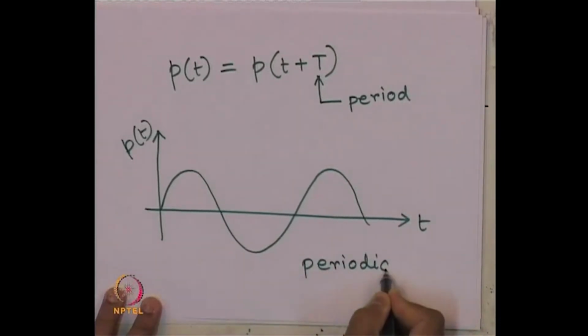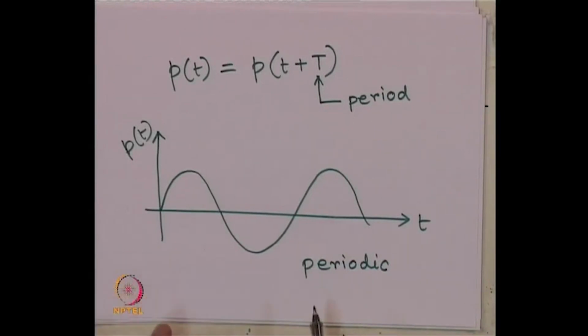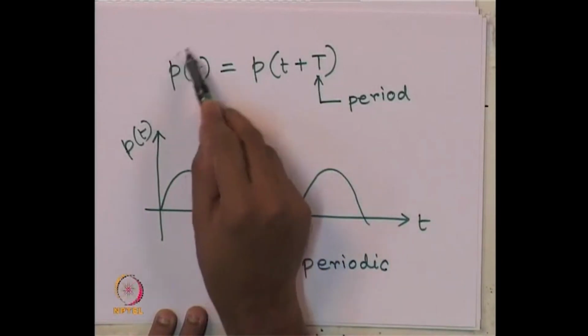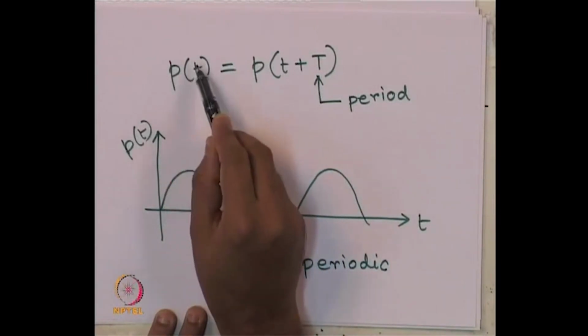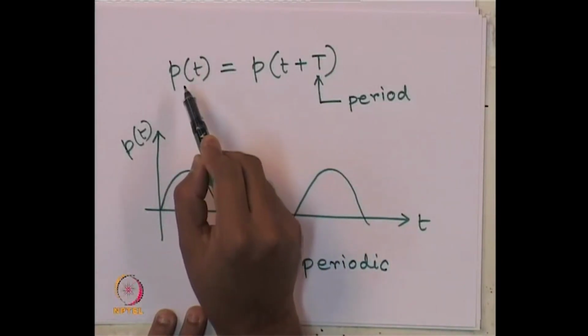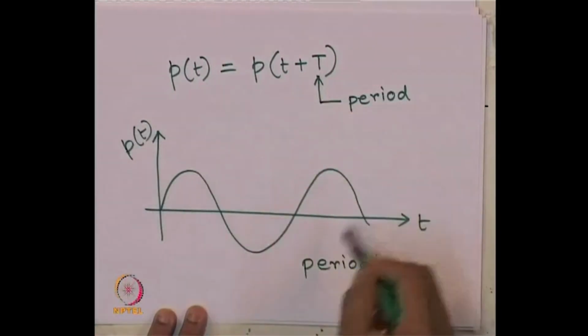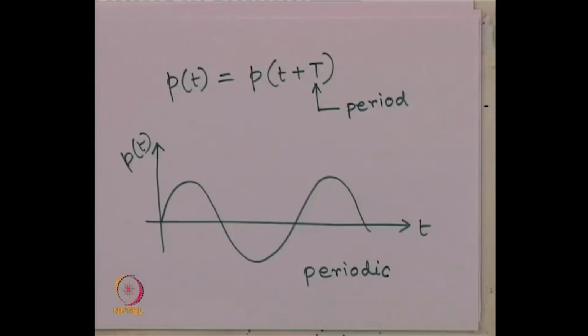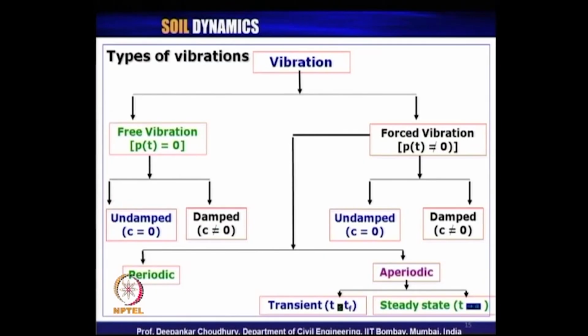And suppose this relation is not holding good, that is, if the variation of the externally applied dynamic load is not repeating after a certain interval of time or after a certain period, in that case it is called aperiodic. So, let us look at the slide once again.